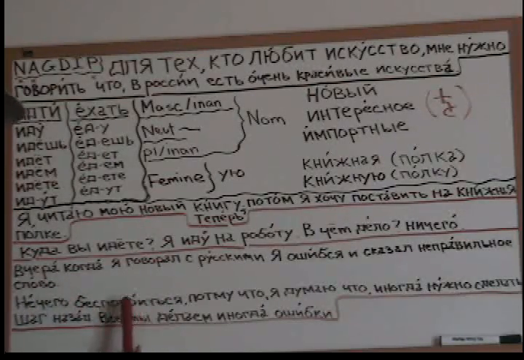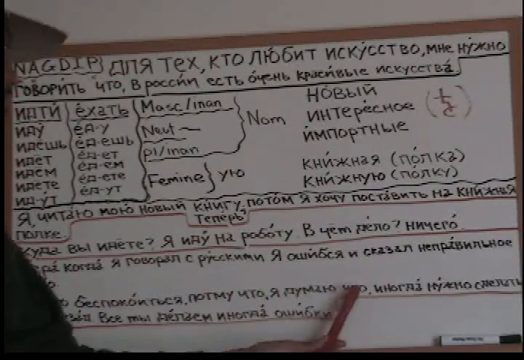If I should use, instead of saying беспокоиться, should I just use ничего? Should I just use ничего and then go on with the sentence? I wasn't sure. So ничего беспокоиться. So it's nothing. Don't worry. Потому что я думаю, что.